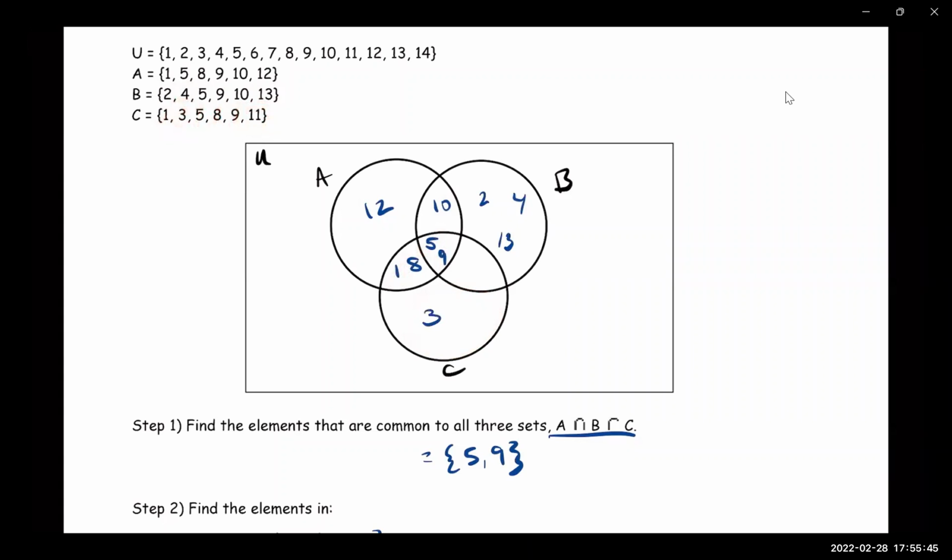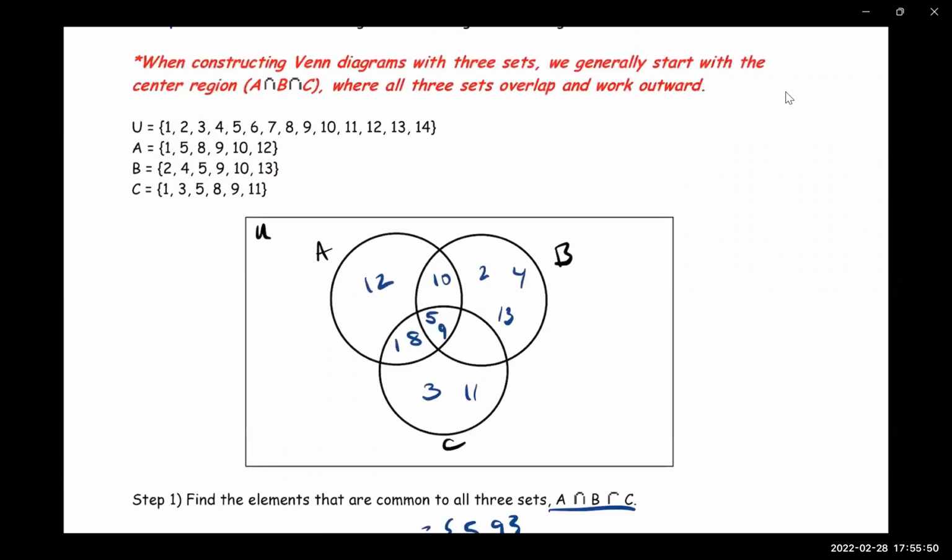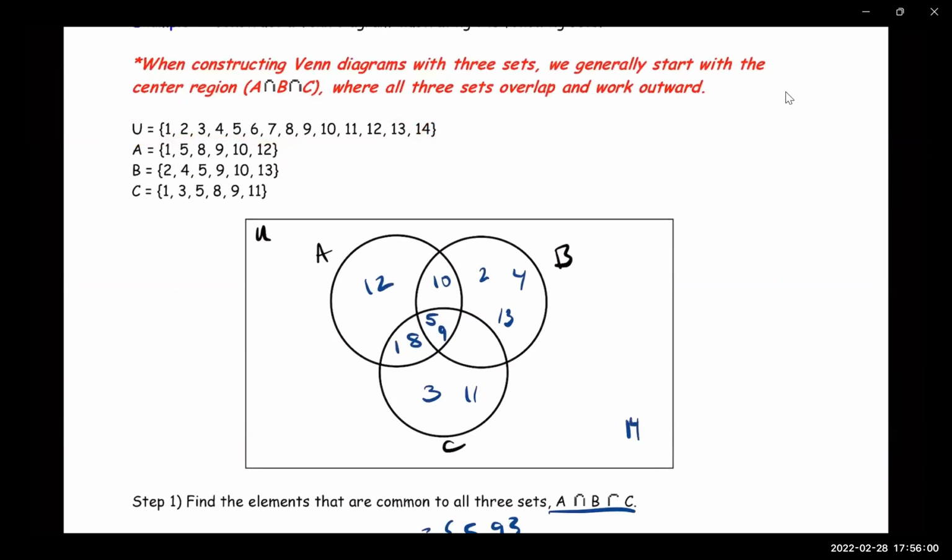And then the last thing you have to do is look at the universal set to see if there are any numbers that we haven't used yet. 14, for sure. 7, okay.